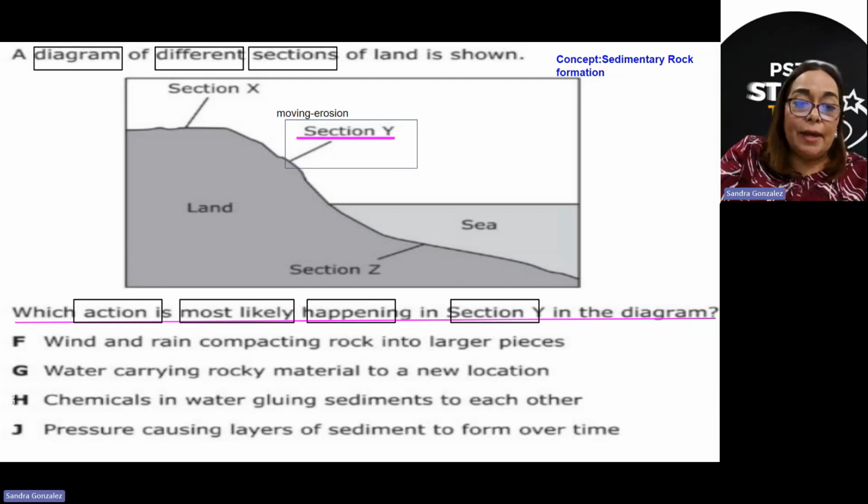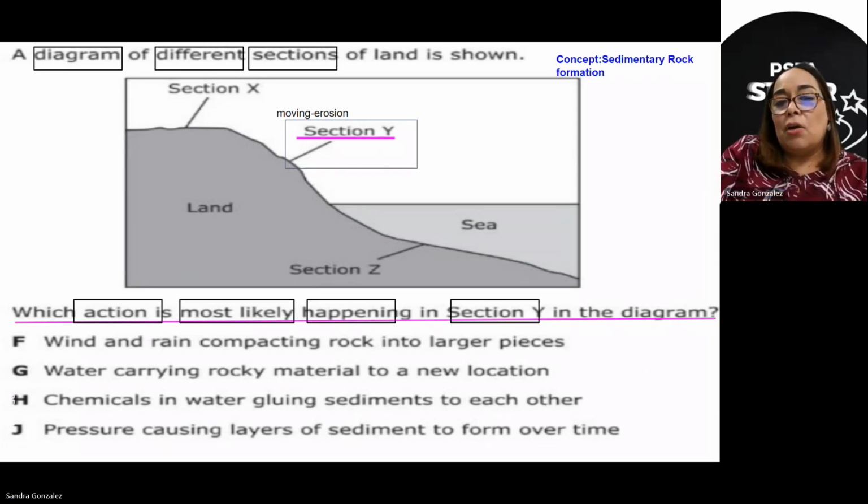If we look at letter F, wind and rain compacting rocks into larger pieces. The keyword here would be compacting, but is that what we're looking for? No. And for letter G, water carrying rocky materials to a new location. Here the word we're looking at is carrying, so that would be our answer.